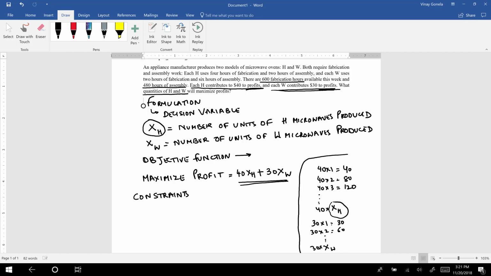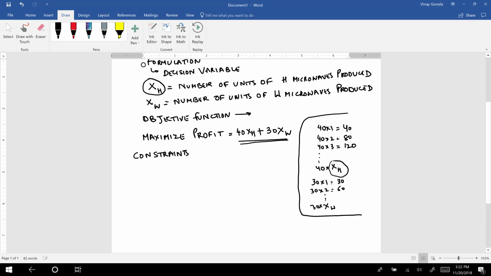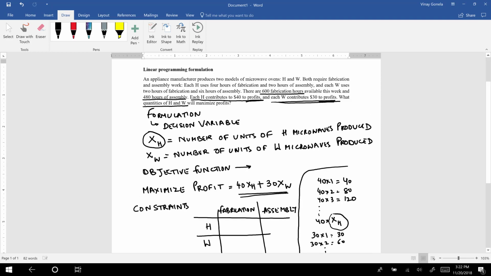I will try to draw a table here now. Suppose we have H and we have W, and I represent fabrication here, and then we have assembly. The question says both require fabrication and assembly work.